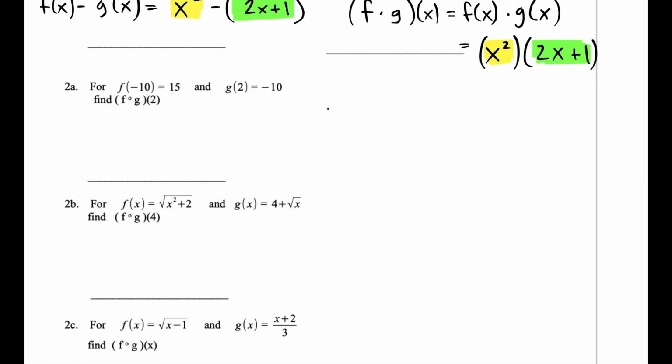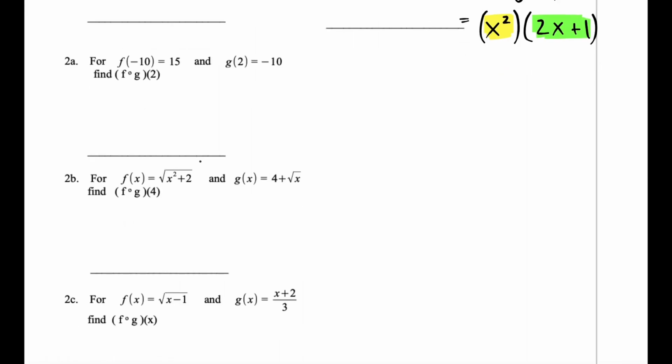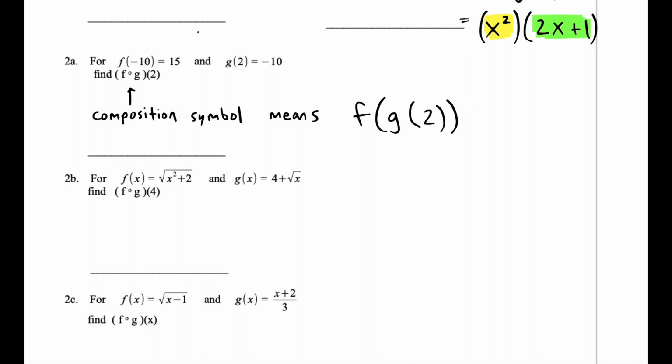Next we've got to try to find a few compositions. So the little circle there is not a multiplication symbol. That is actually a composition symbol. It means f of g of 2.